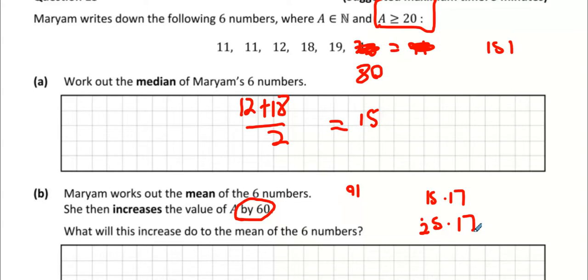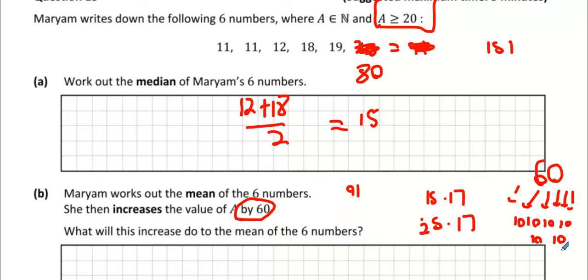Does everybody get that? Now, think about it. When you increase it by 60, that 60 is averaged amongst how many numbers? It's averaged amongst 6 numbers, isn't it? So it's the same thing as increasing each number by 10, because any increase you have to share amongst 6 numbers. Now you can do this 2 ways.